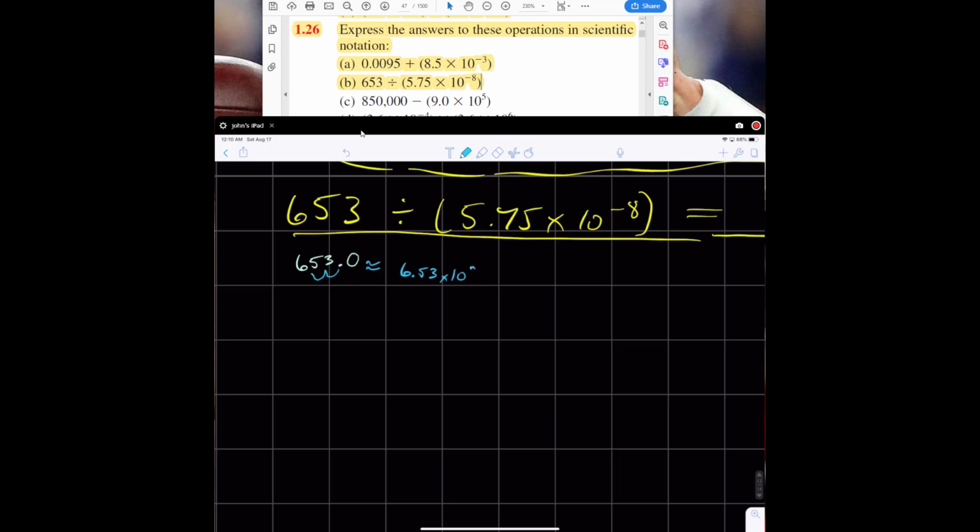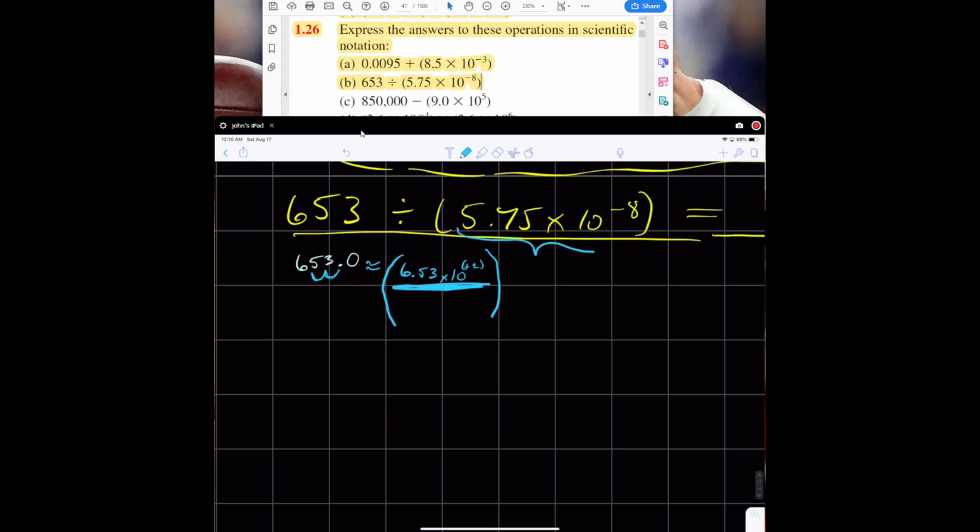Well, since we moved to the left in the original form, that means our exponent's going to be positive. And in this case, since we moved 2 spaces to the left, our n is positive 2. Okay, and I'm just putting brackets around it. So this here is now our numerator of the division problem.